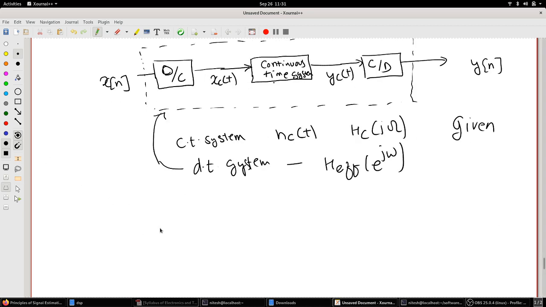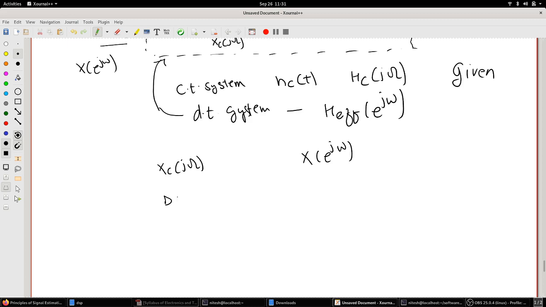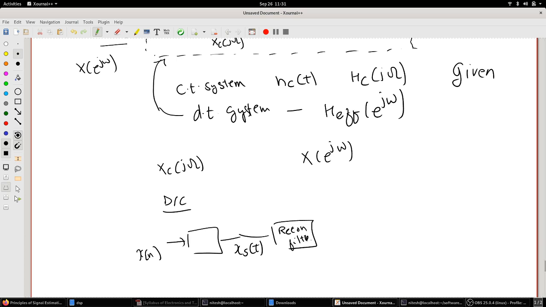Okay, so this is what we are trying to find out here. So first thing we know is how is x continuous of j omega related to x of e raised to j omega. You know that this guy here has got a frequency response of x of e raised to j omega, and this guy here has got a frequency response of x continuous of j omega. We know that in the D2C converter, x of n gets converted to an impulse train first, and then this impulse train is passed through a reconstruction filter having, let's say, an impulse response of hr of t and frequency response of hr of j omega, to give you the x continuous of t.